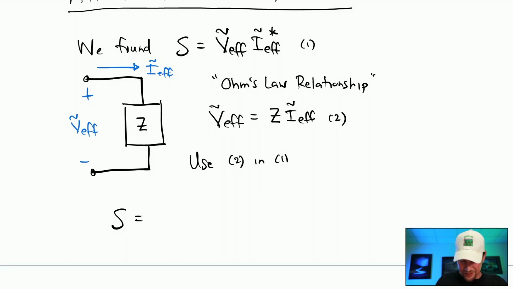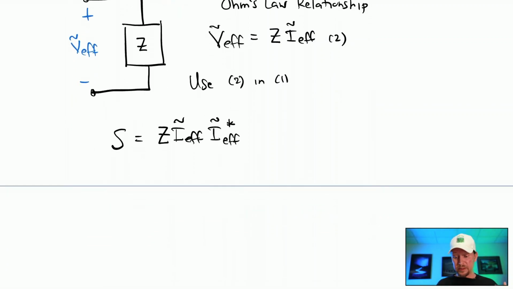I'm getting rid of the voltage and keeping the current. So here what I'm doing is I am taking this and I'm replacing it down. See, even professors have to be a little bit careful. So here I have my impedance times my effective current like this, times the complex conjugate of my effective current like that.